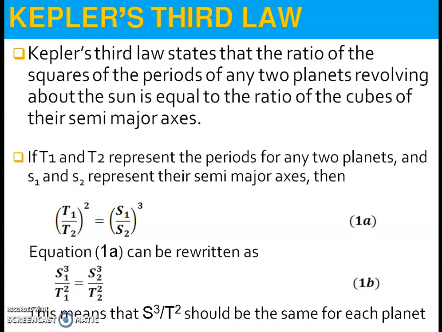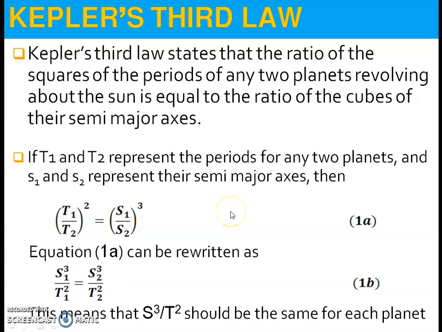Now let us look at the mathematical implication of the third law. If T1 and T2 represent the periods of any two planets, and S1 and S2 represent their semi-major axes, then (T1 over T2) all squared is equal to (S1 over S2) all cubed.